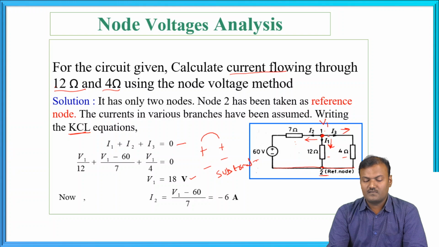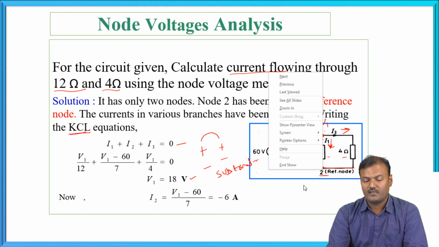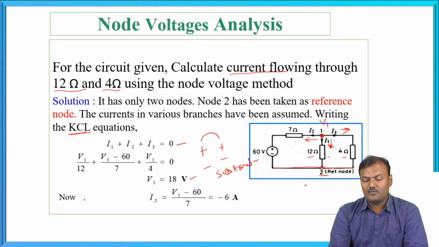So once we calculate the node voltage V1, the current flowing through 12 ohms is V1 divided by 12, the current flowing through 4 ohms is V1 divided by 4, and the current flowing through the 7 ohms is V1 minus 60 divided by 7.